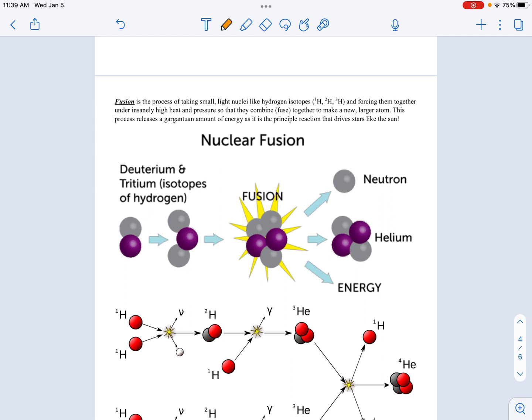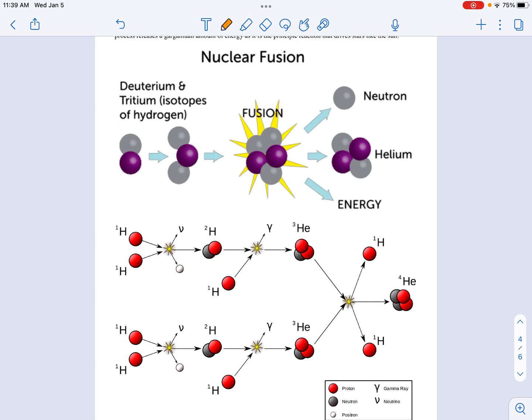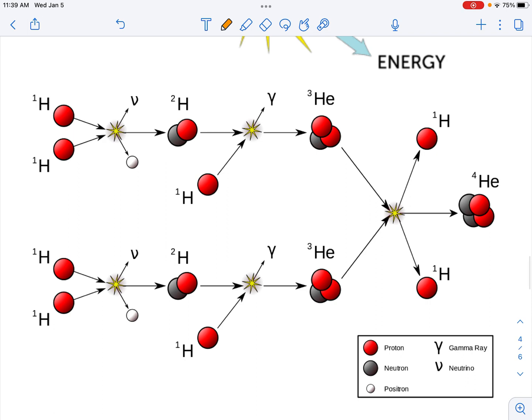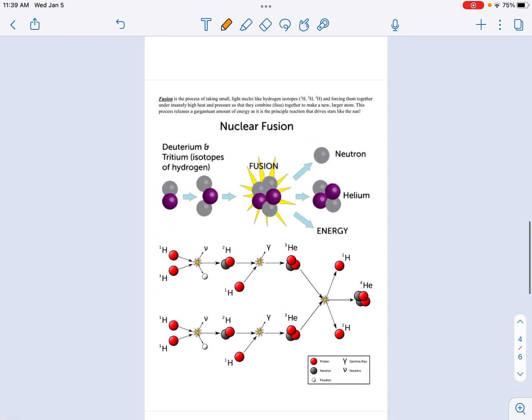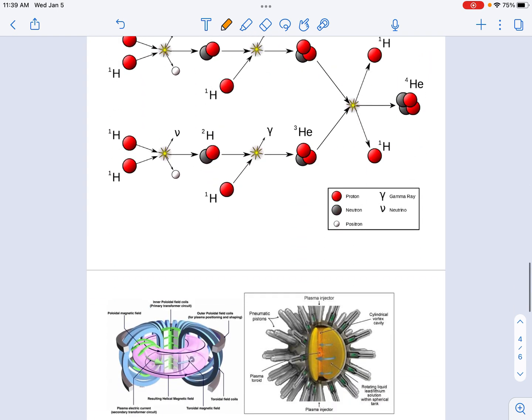This is the process that occurs on the sun. So we're talking about huge, gargantuan, insane amounts of energy. Normally you're talking about isotopes of hydrogen going together to make something like helium, which again is what takes place on the sun.